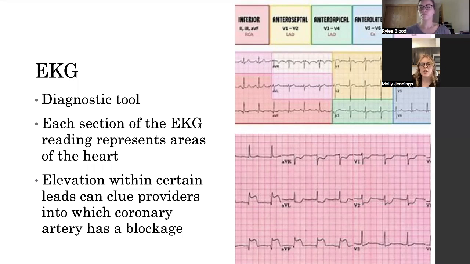So depending on where the ST elevation is, it can clue providers into which coronary artery has a blockage and guide them to where they need to go as an intervention to relieve the plaque formation.